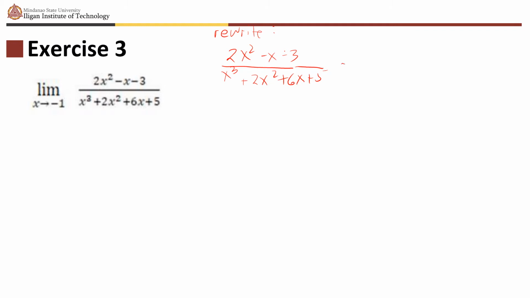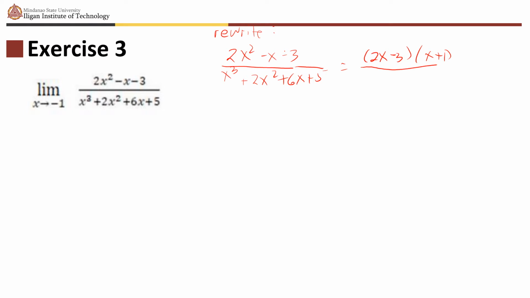The numerator can be factored as 2x minus 3 times x plus 1, because 2x times x will give us 2x squared, minus 3x plus 2x will give us minus x, and minus 3 times positive 1 will give us minus 3.